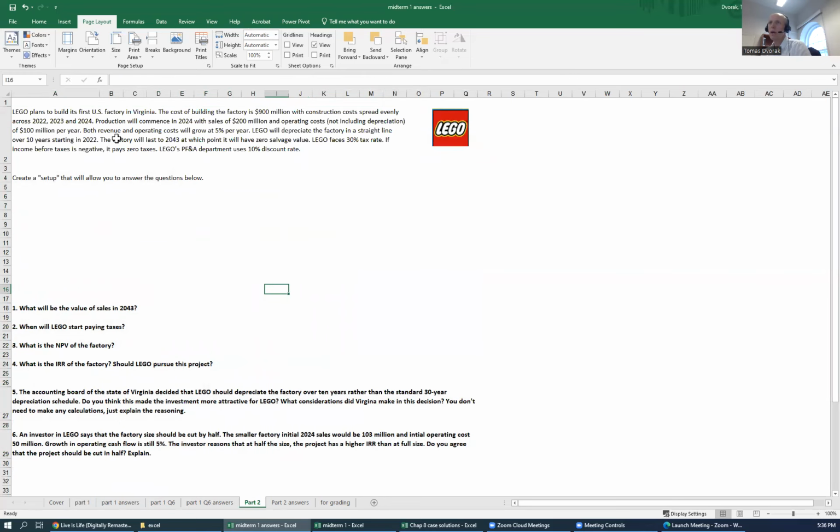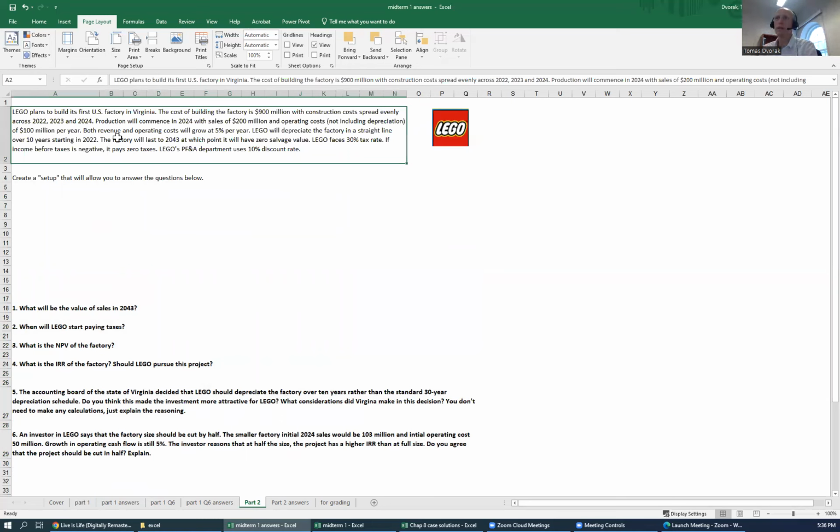Okay, so we have a Lego. Who doesn't like Legos? And they plan to build their first US factory in Virginia. The cost is 900 million. The construction spread evenly across 3 years. Production will commence in 2024 with sales starting at 200.